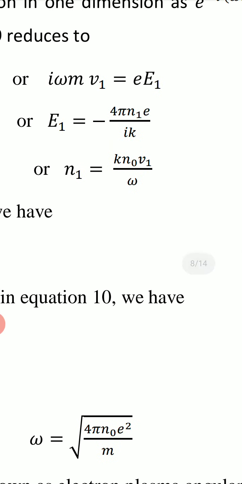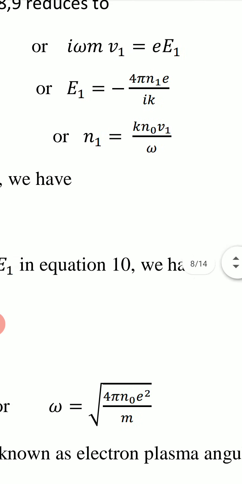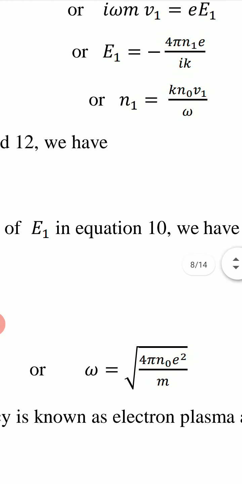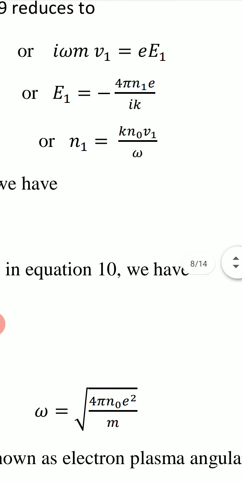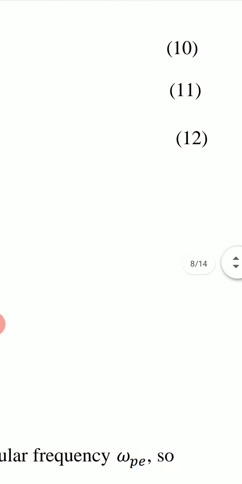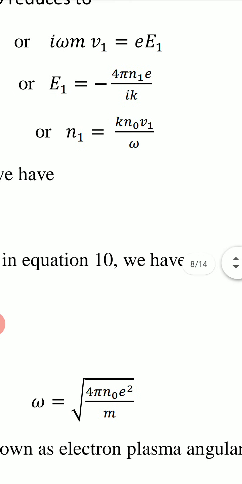Now, by simplifying these three equations we can find the value of omega, and that will be the electron plasma frequency. From the third equation, that is equation 12, we put the value of n1 in the previous equation, which gives the value of capital E1.